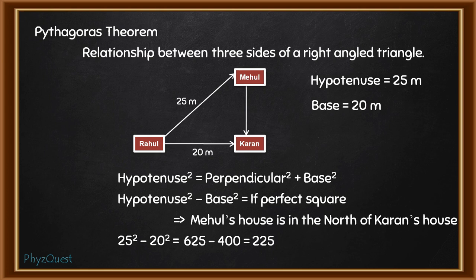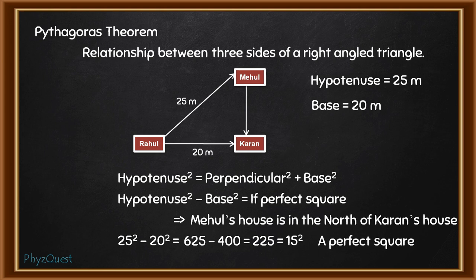Now if 225 is a perfect square, then we can define the direction of Mehul's house with respect to Karan's house. 225 is actually the square of 15. So it is a perfect square. That means Mehul's house is actually in the north of Karan's house.